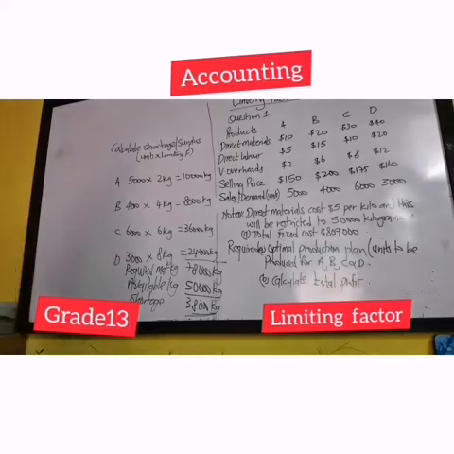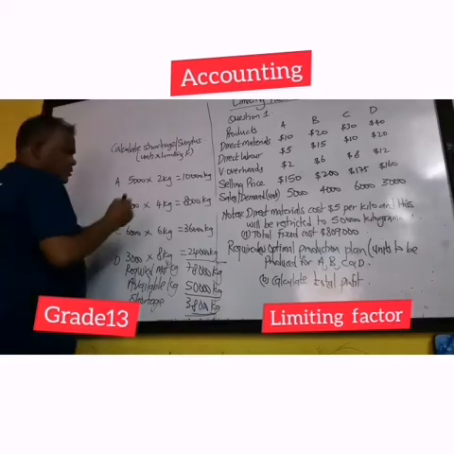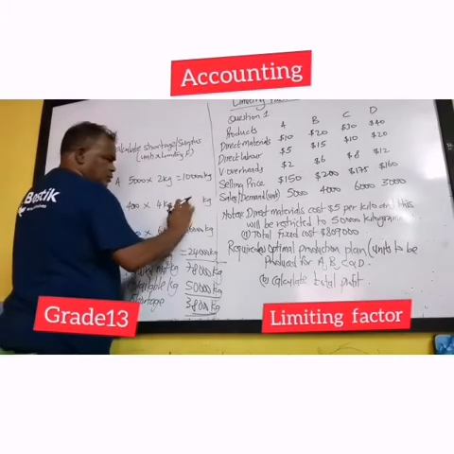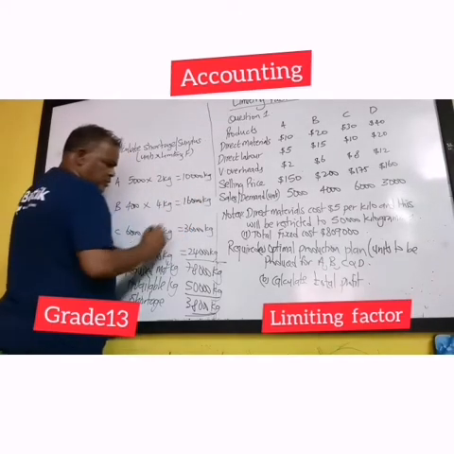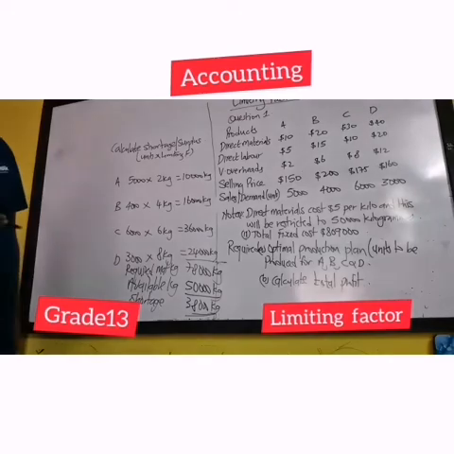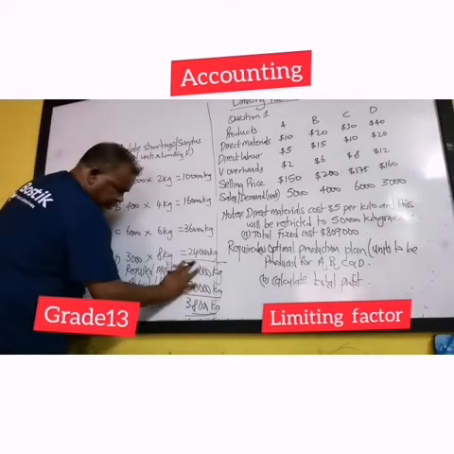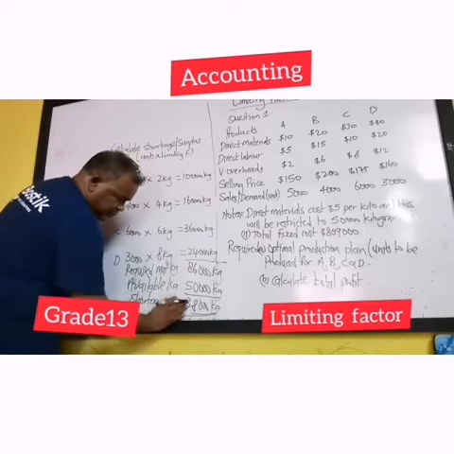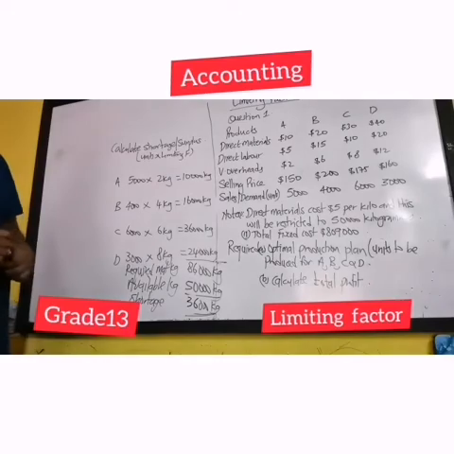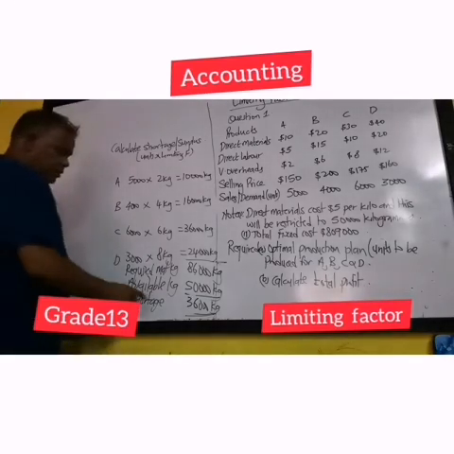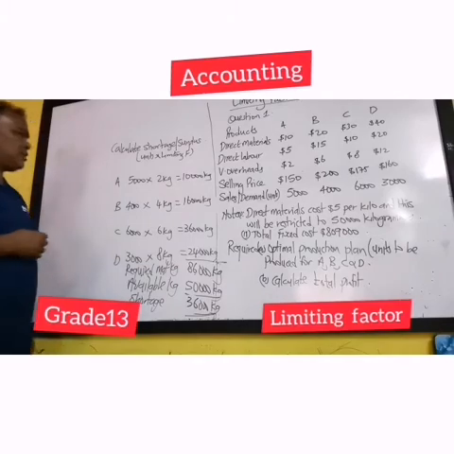This one is 16,000. Therefore, we will get 86,000. This will give us 36,000 will be required. So take 36,000.